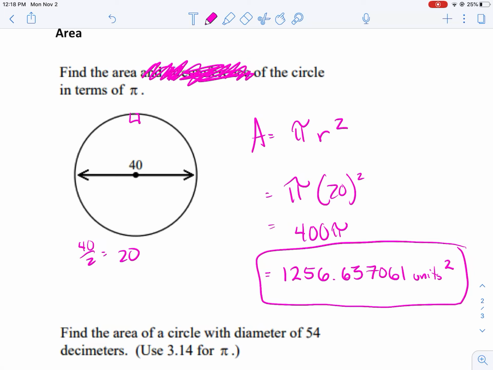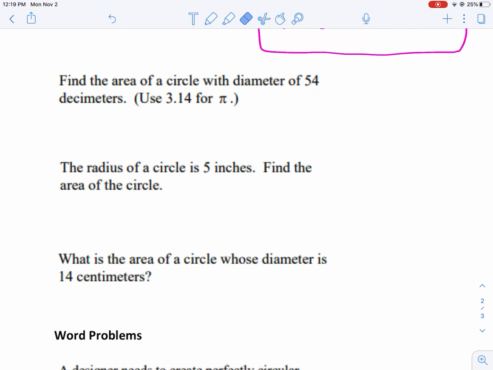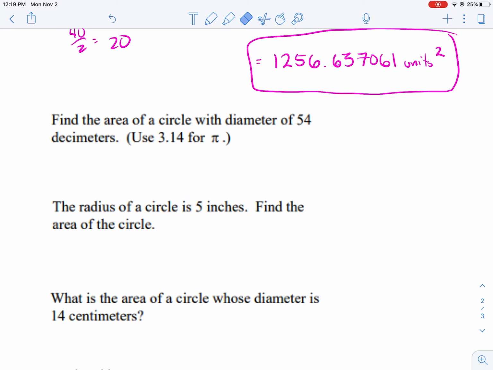Talking about these guys right here. All right, so anyway, let's go on to the next one. Find the area of a circle with a diameter of 54. Again, you got to take 54, divide it by 2, so you get 27. So area is equal to pi times 27 squared.